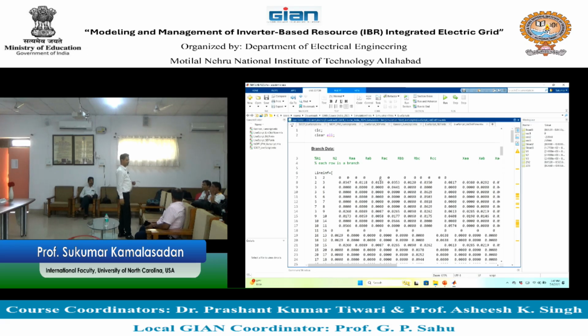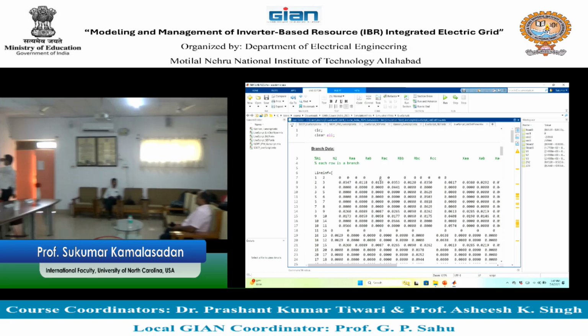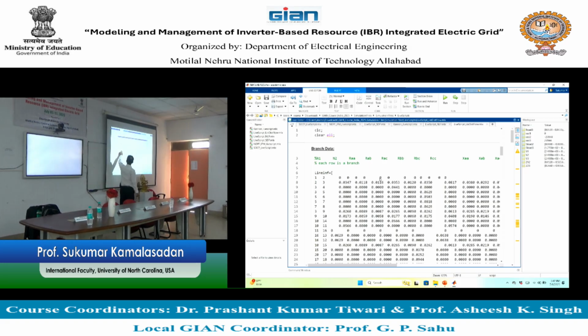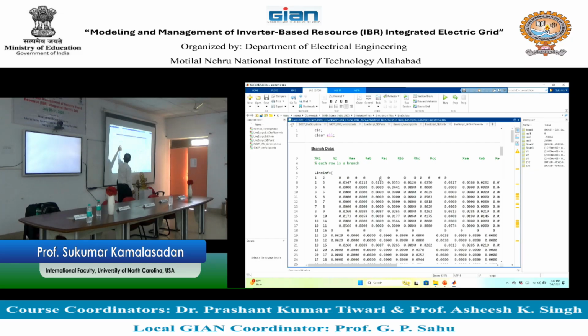Okay. Branch data means that you connect the buses, and you see this branch data consists of from node 1 to node 2, 1 to 2, 2 to 3, 3 to 4, 3 to 5. These are node connections. These are resistances: AA, AB, AC, BB, BC, CC. So we have resistances.